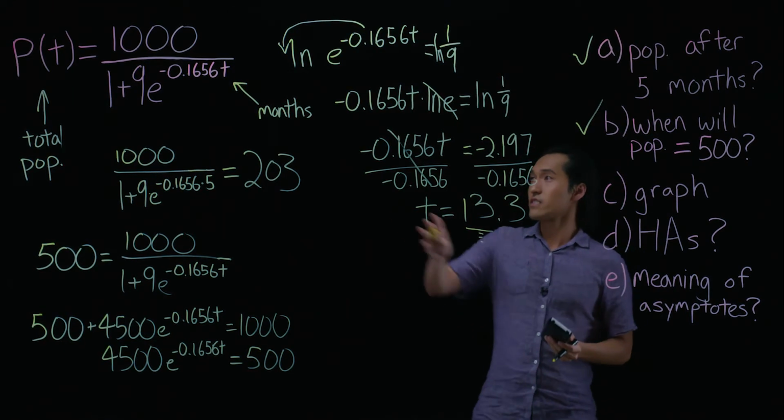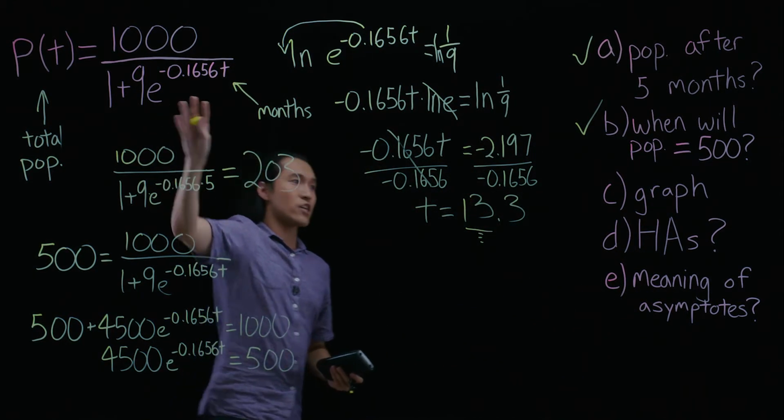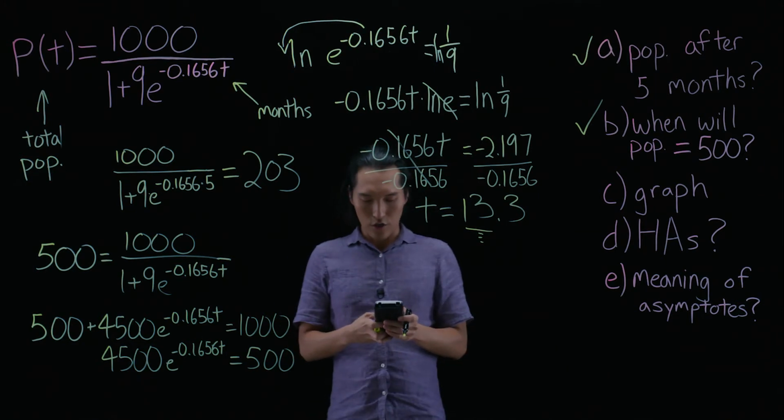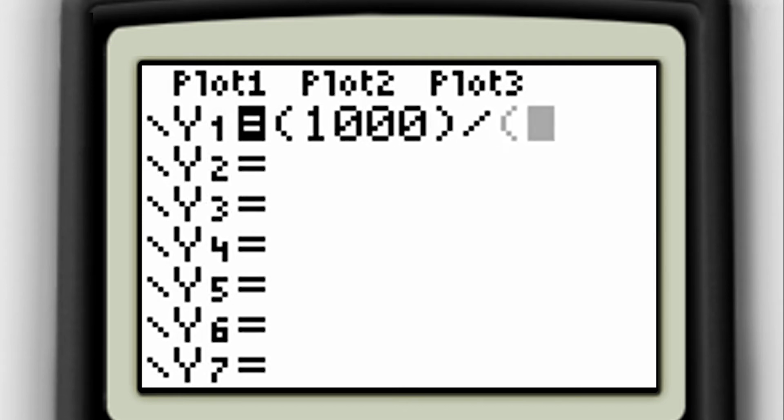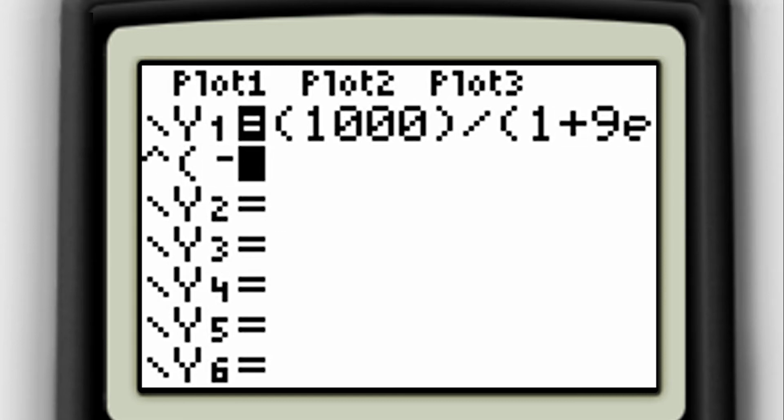Next, they want us to take this function and graph it. So we can turn on our graphing utility, go to y equals, and plug this in. Remember to put parentheses around the denominator, just so we don't mess this part up, and also to put parentheses around the exponent, just so everything stays lined up.